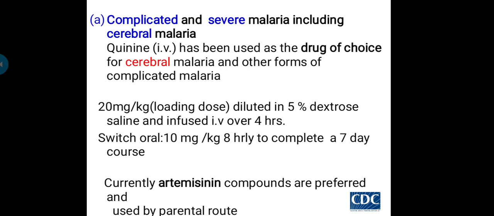Number 7, why chloroquine is not preferred in treatment of the rheumatoid arthritis. Number 8, adverse effects of the quinine.